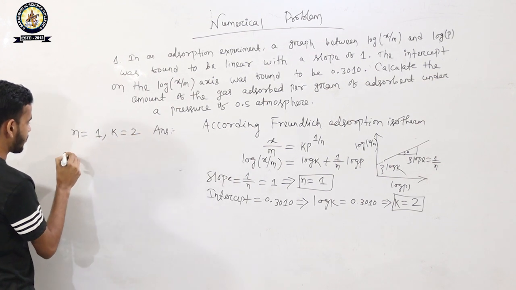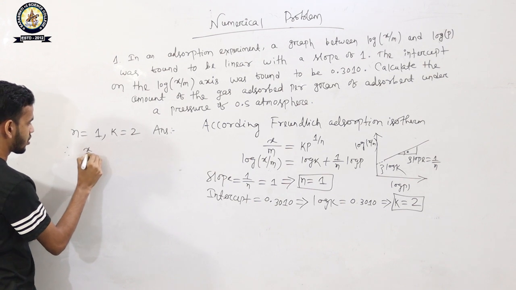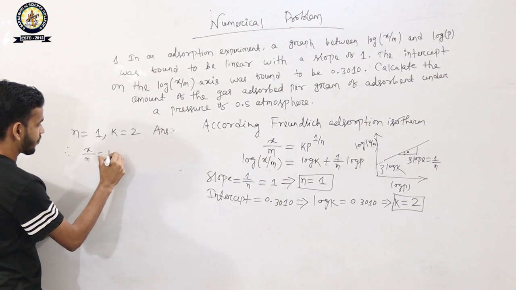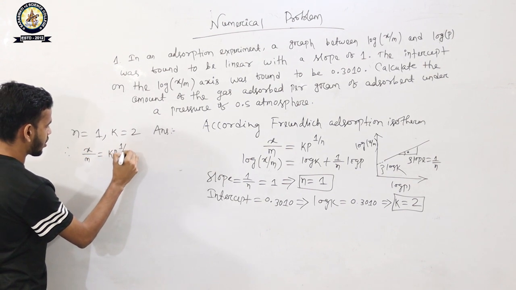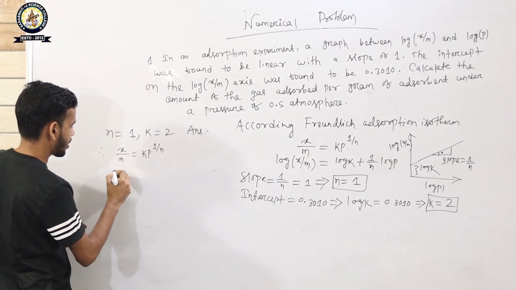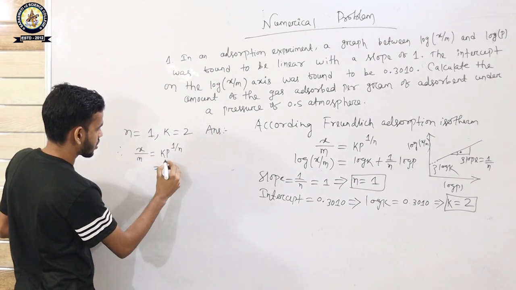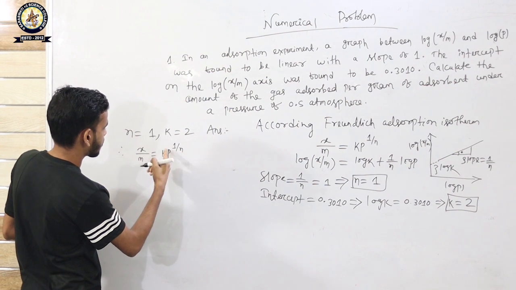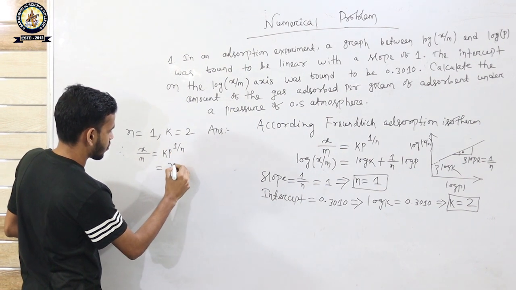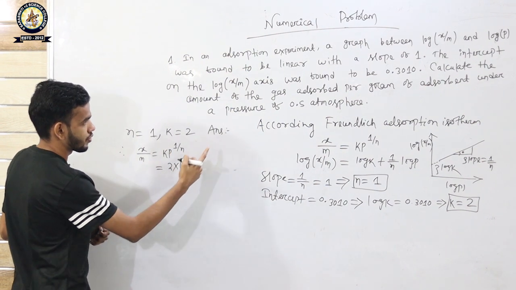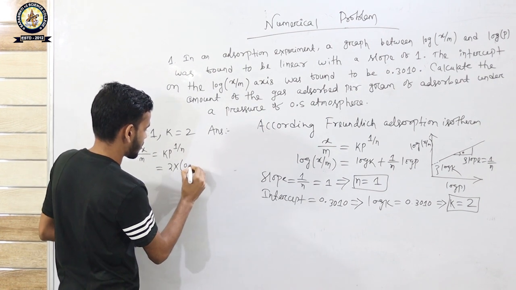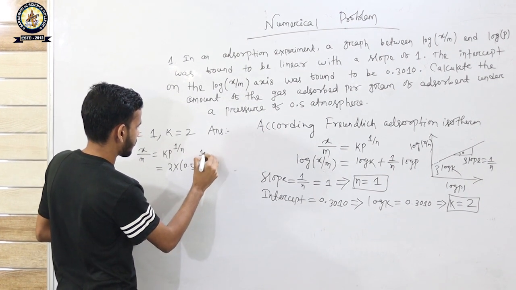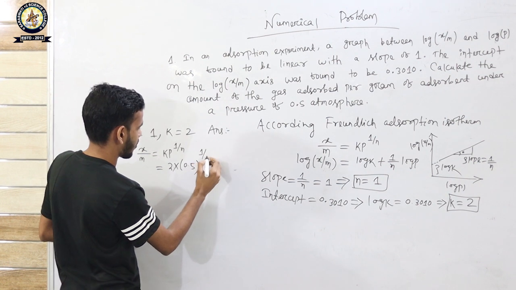If we plug those values in the empirical formula, that is x/m equals k p to the power 1/n, then we get the value of k is 2 into the pressure that is given, that is 0.5 atmosphere, and the value of n is 1.